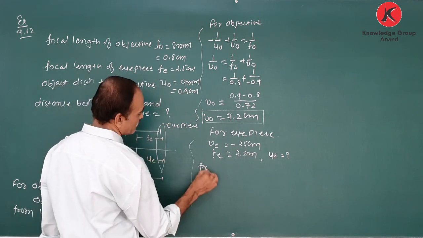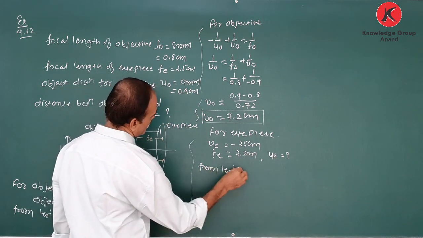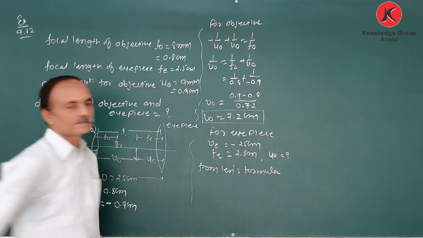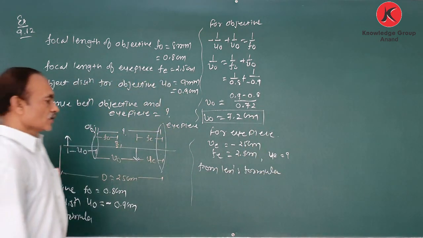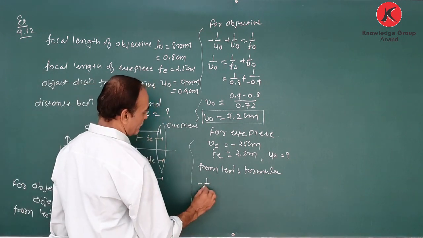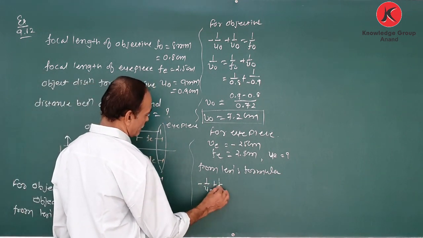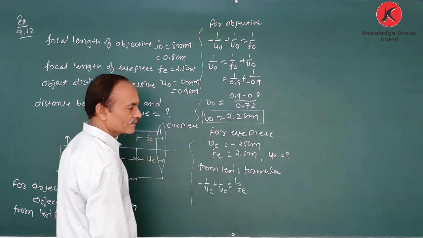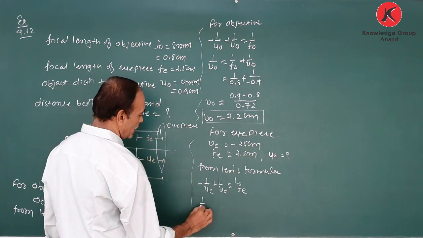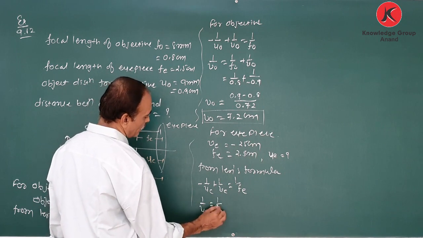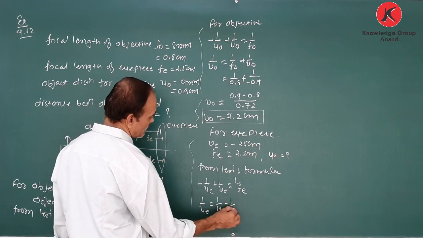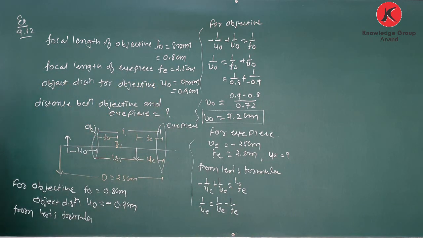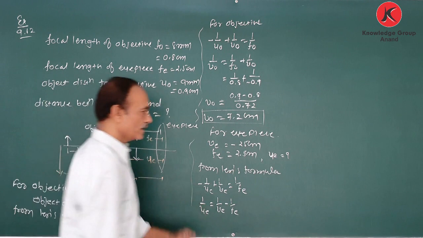So from lens formula, minus 1 upon UE plus 1 upon V is equal to 1 upon F. Therefore, 1 upon UE is equal to 1 upon V minus 1 upon FE.